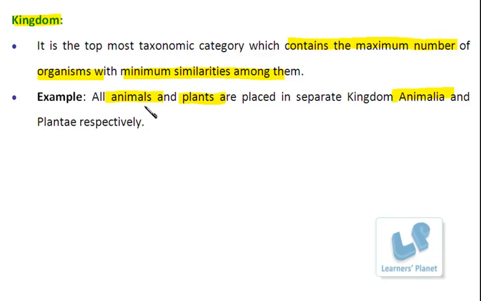So that is what I am saying here, that the kingdom is the topmost taxonomic group, right? Of course it has the maximum number of organisms, but these organisms share very few similarities. They have fewer common properties or common characteristic features between them.